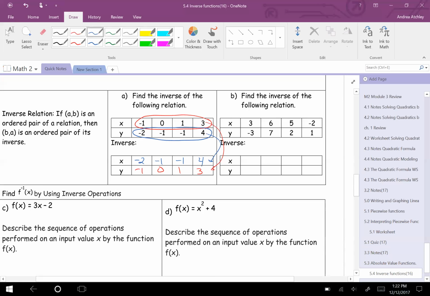So those are my new ordered pairs, (-2, -1), (-1, 0), (-1, 1), and (4, 3). Any questions over that? Okay, do the next one in your pairs. Find the inverse relation of those ordered pairs.